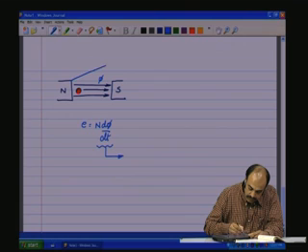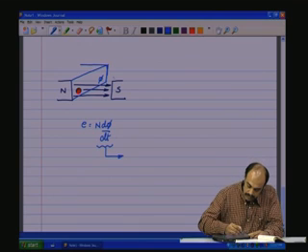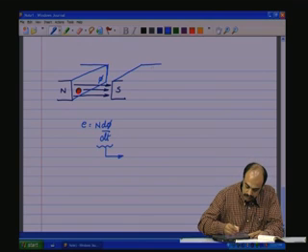let us just modify the figure, and then we have this.